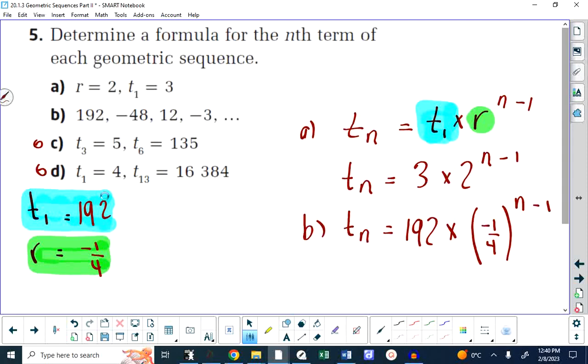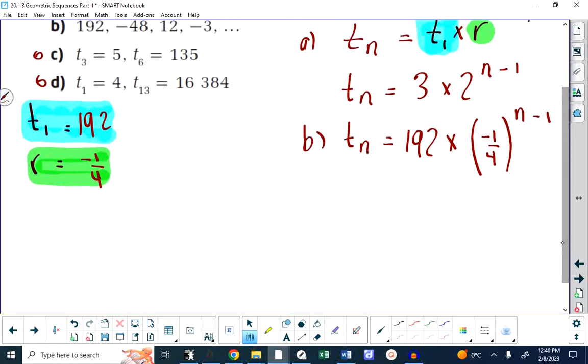But I had mentioned that Josh did something like D a little bit different. Since this is the first term, everybody, there's nothing wrong with you using this to find the common ratio. This will work.